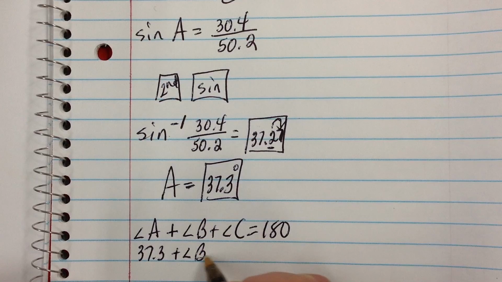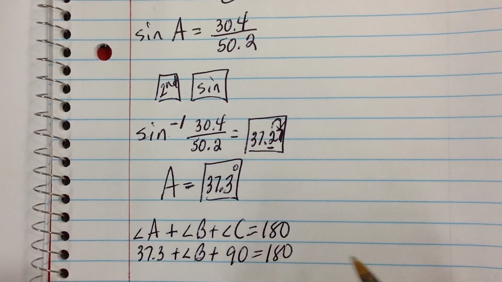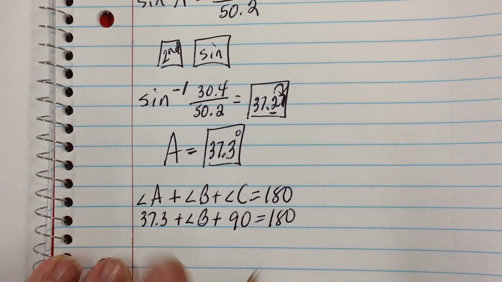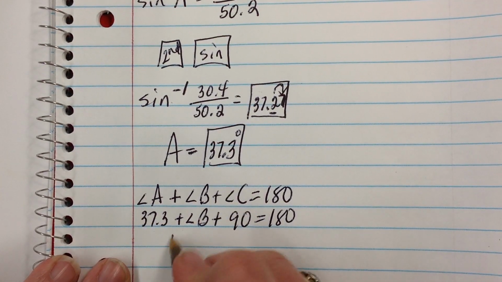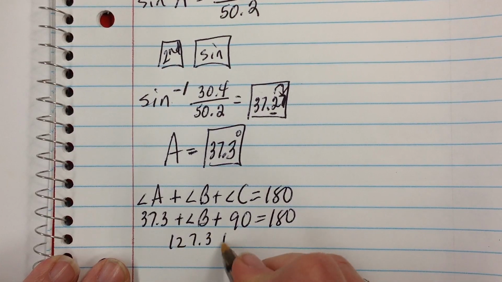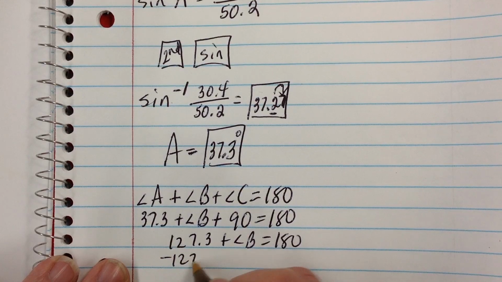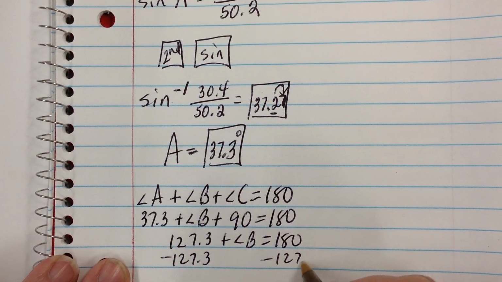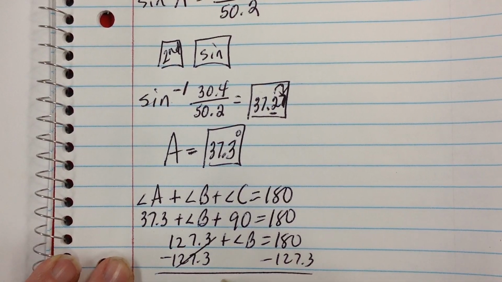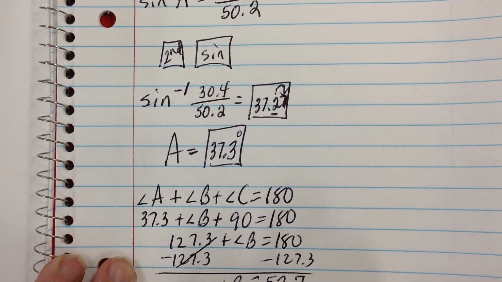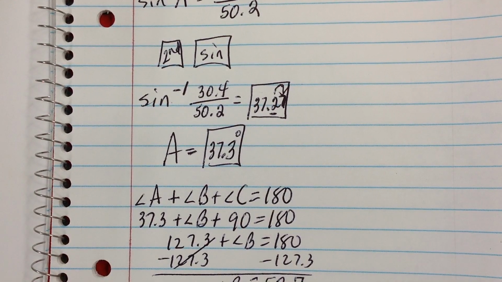I'm solving for angle B, and angle C has been 90 in these triangles that I've worked. So add 90 plus 37.3. You end up with 127.3 plus angle B equals 180. Subtract 127.3 from both sides. You get angle B is equal to 52.7.